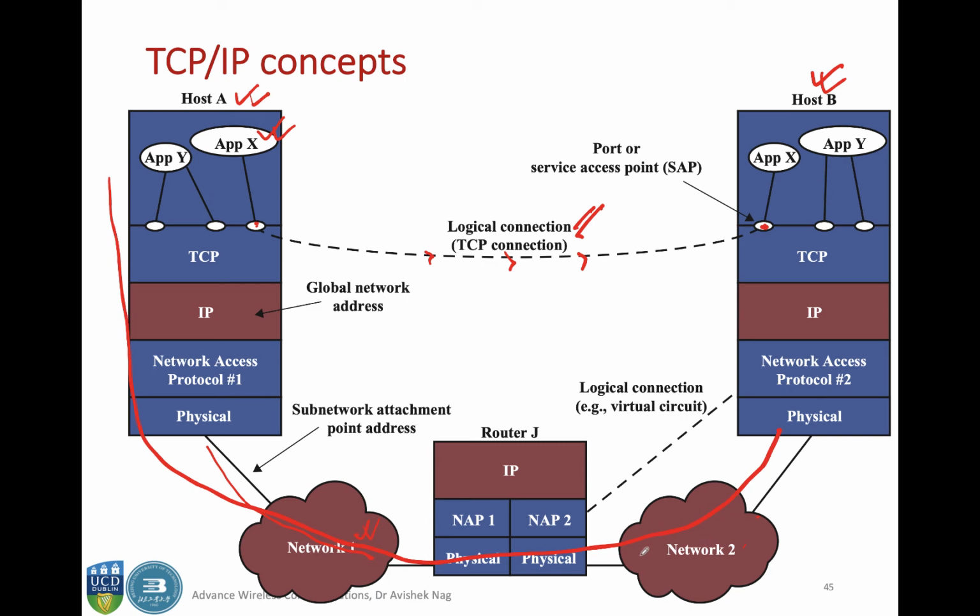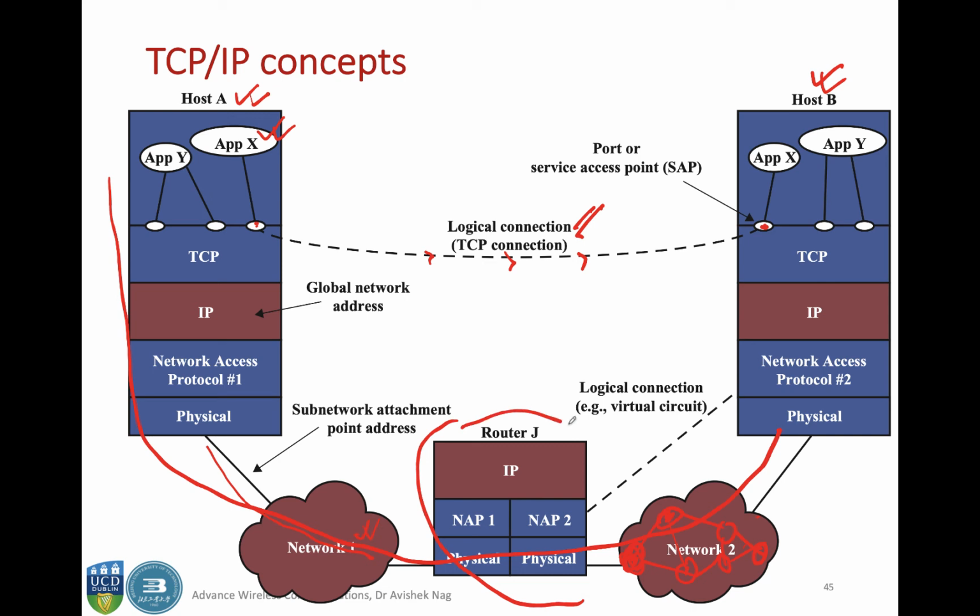Inside these networks, network 1 and network 2, you will also have several switches connected like this, which are not shown here. There will be a router on each of these nodes, which will pass your messages.